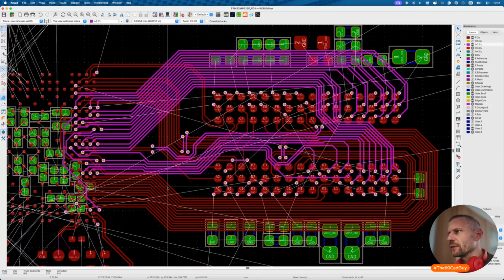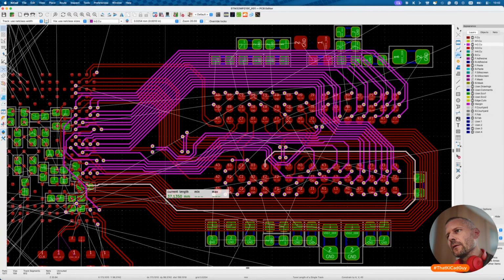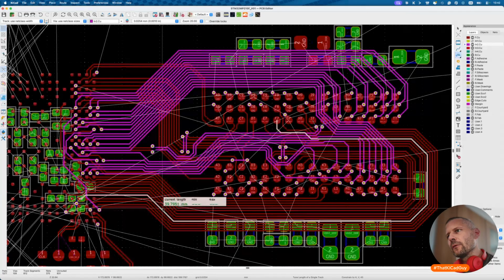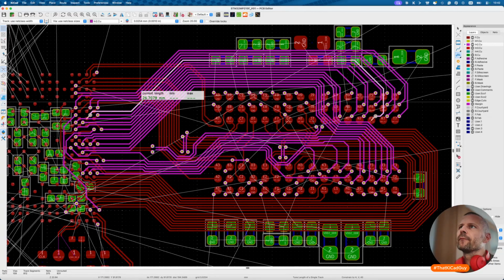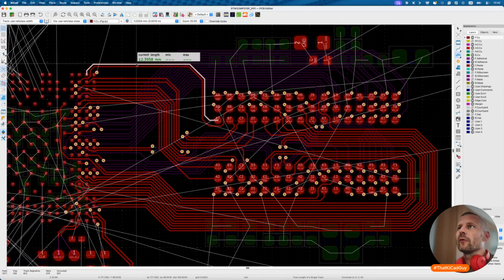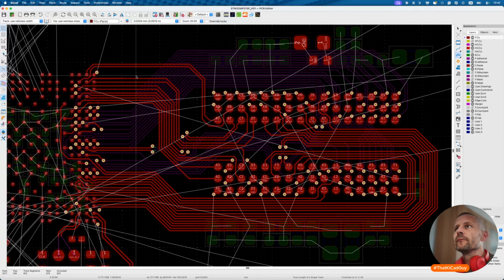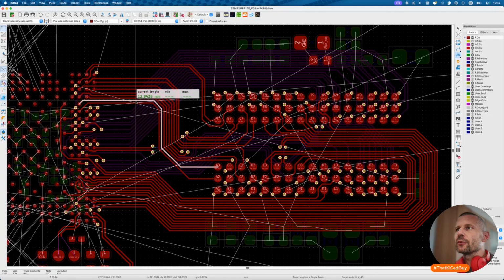It's not a control signal, but yeah, you can count it as a control signal. 12. This one is really short. 12. Yeah, all the ones coming from the top right corner are rather short.